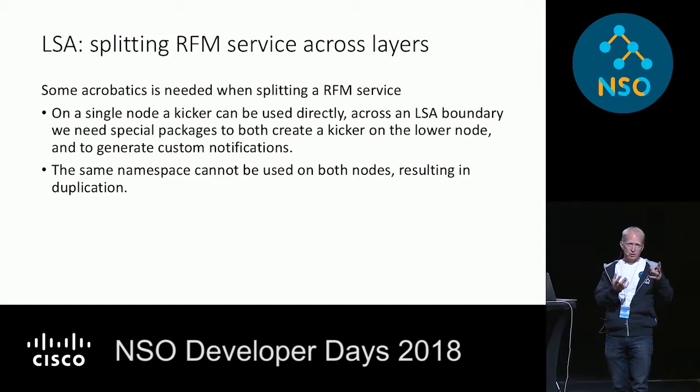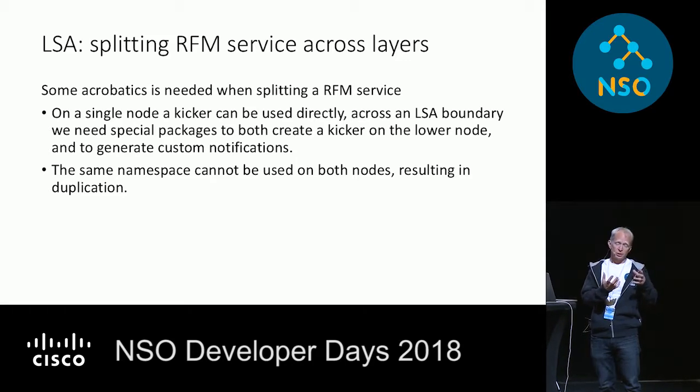You get a state in your service, and that state progresses, it's state convergence toward the final goal of everything being up and running. But if you split that across multiple layers, things get a bit more complicated.